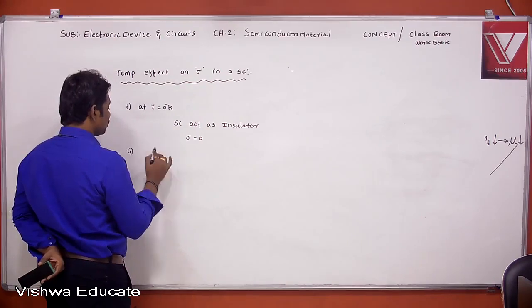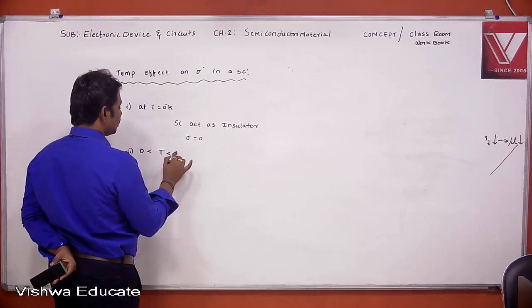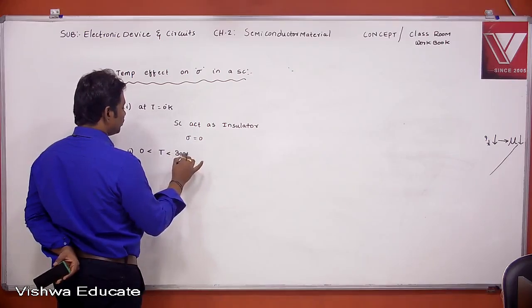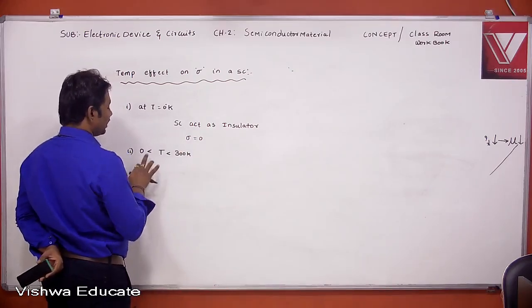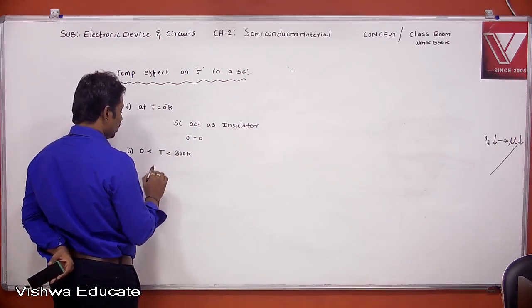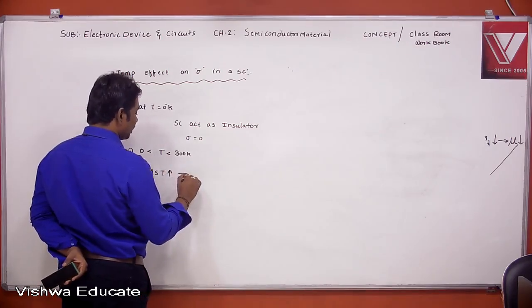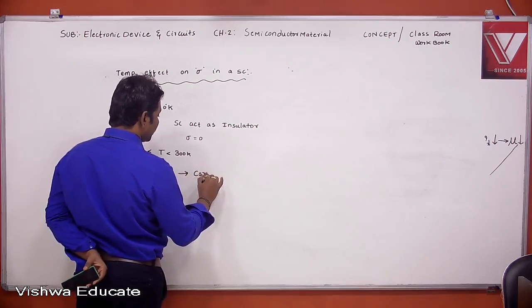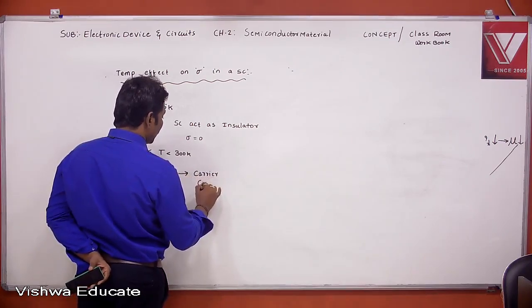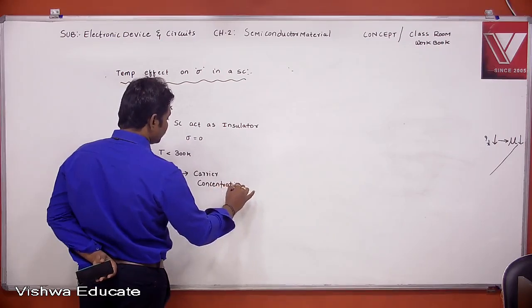Now, case 2. Now I increase the temperature in between 0 and 300 degrees Kelvin. What happened? As temperature is increased between 0 and 300 degrees Kelvin, what happened to the carrier concentration? The carrier concentration is increased.